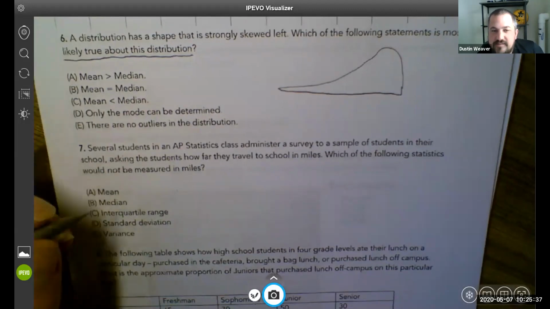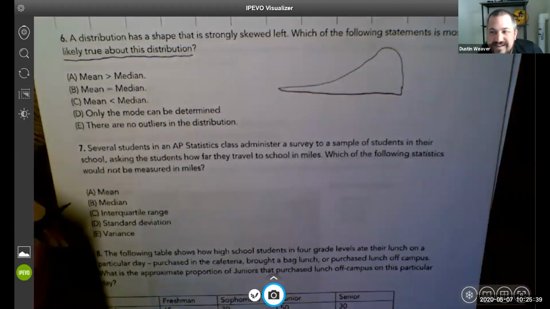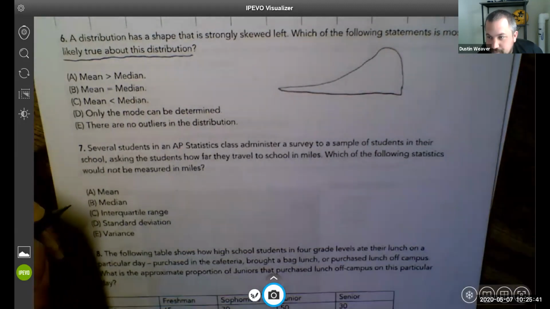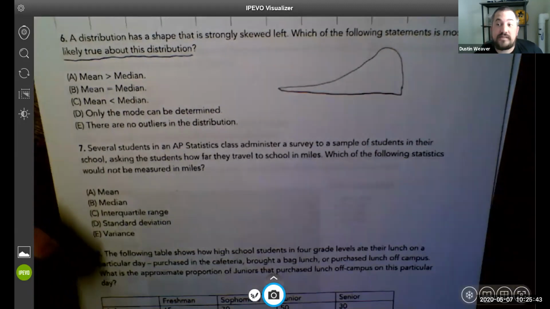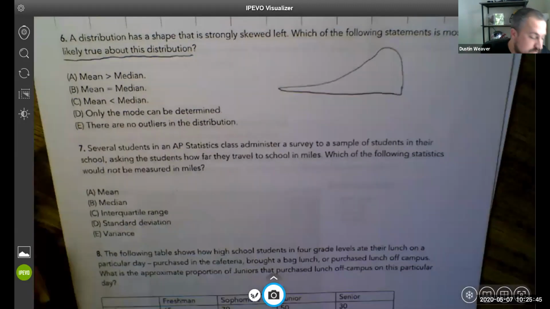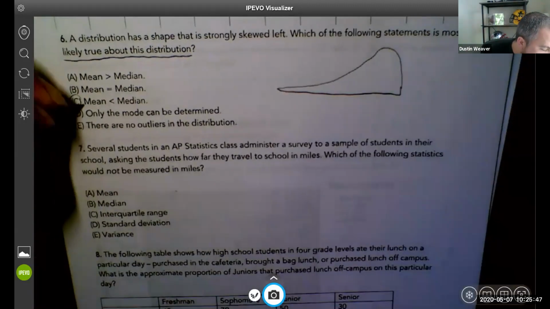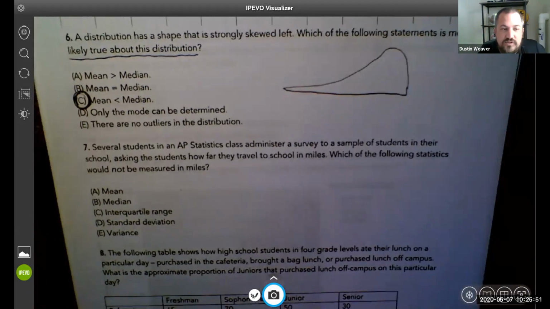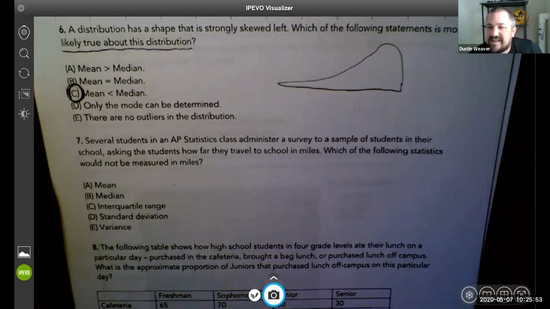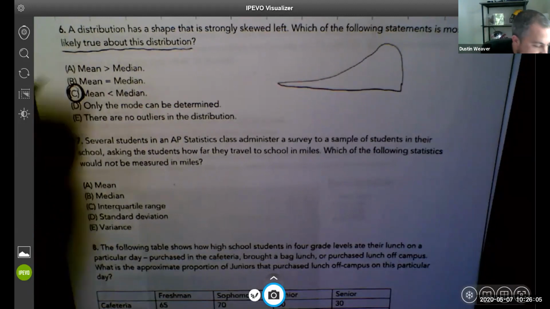So if something is skewed left, the mean gets pulled to the left. It's not resistant. If something is skewed right, the mean gets pulled to the right. If something is approximately symmetric, then the mean and median would be the same. So most likely the mean is getting pulled down to the left, so it is less than the median. In skewed right, the mean is going to be more than the median.